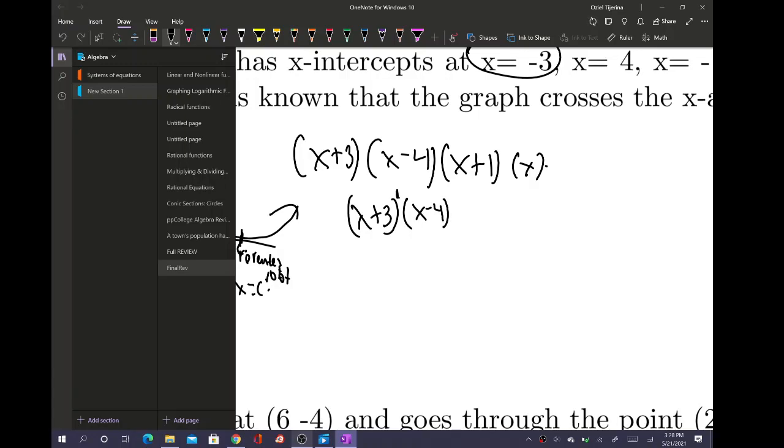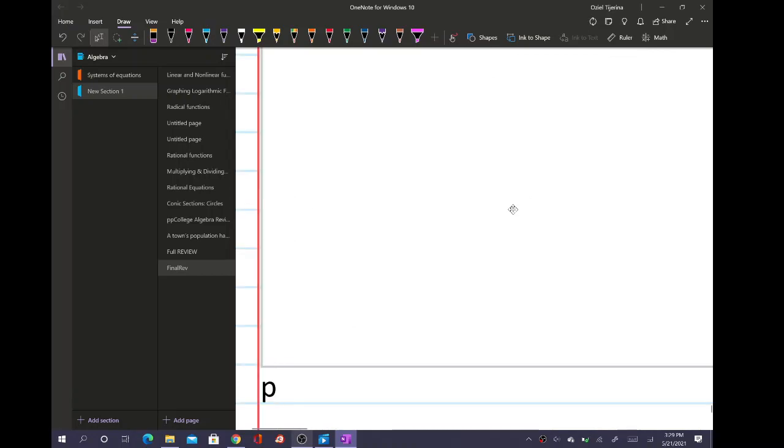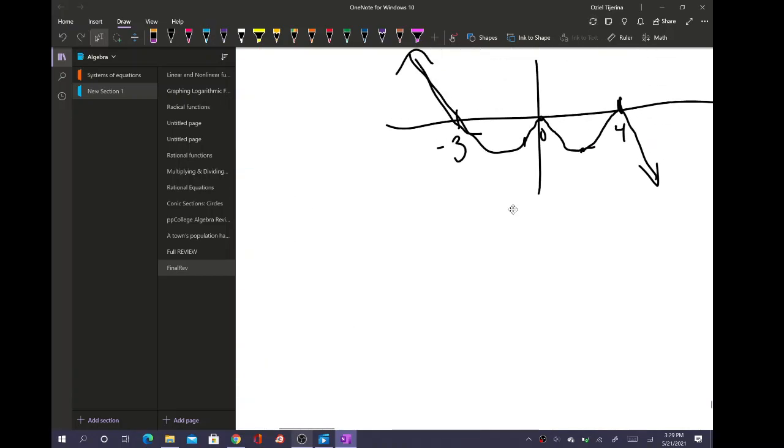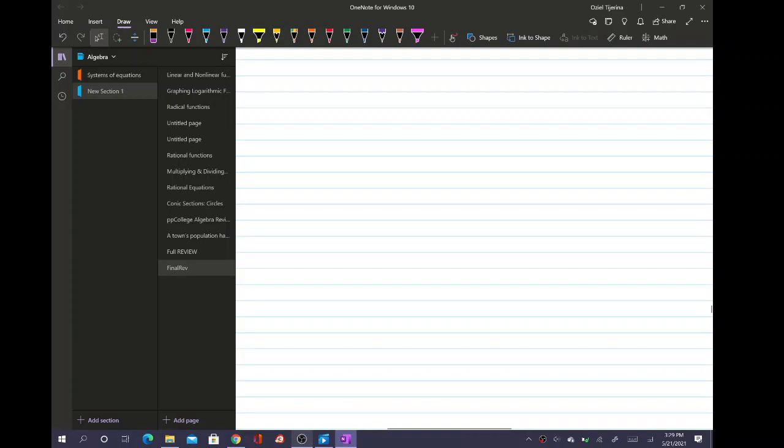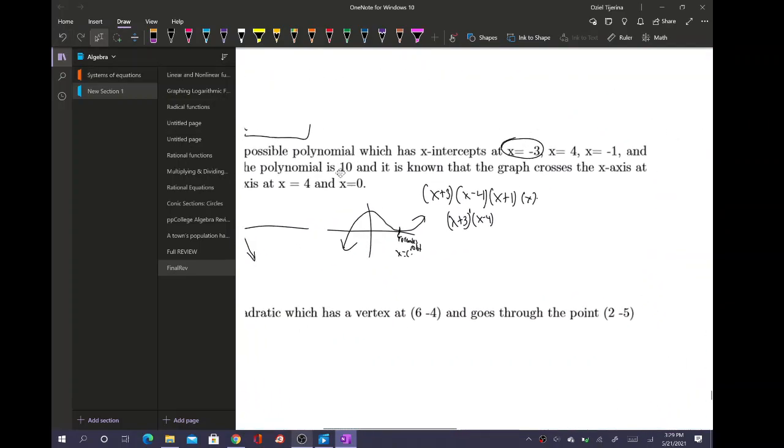So we have x plus 3 to the first, and then x minus 4. Oh, and they also say that x is also a repeated root. So let's see here. This is a little tricky, I'm not gonna lie, so give me 1 second.